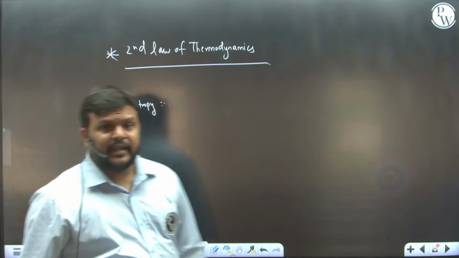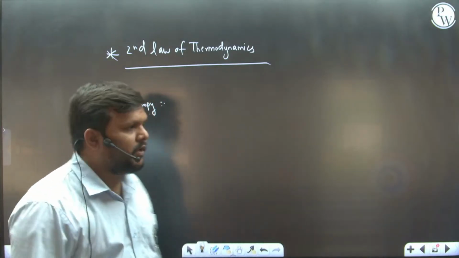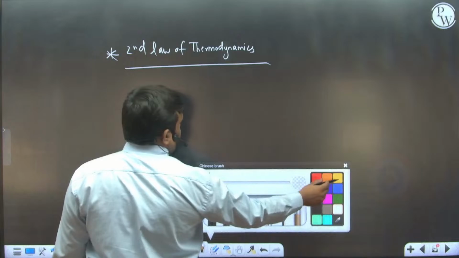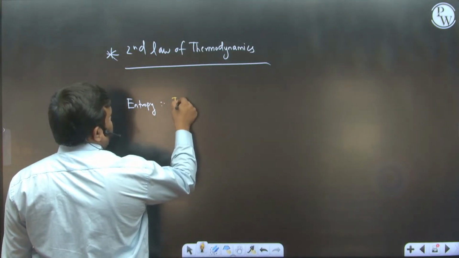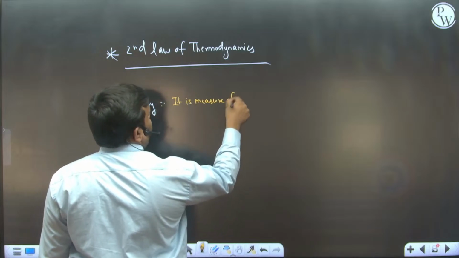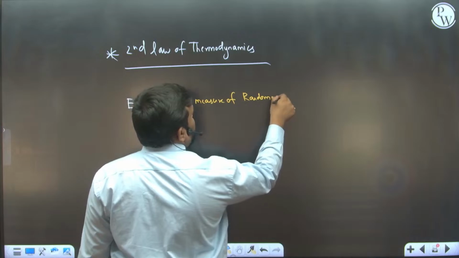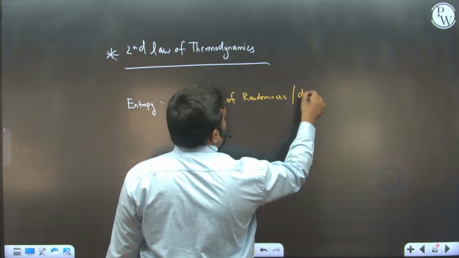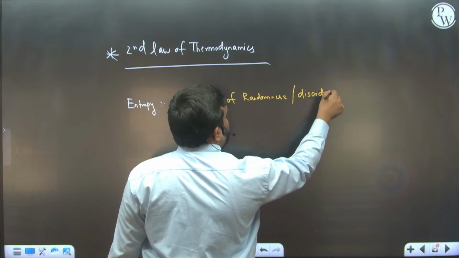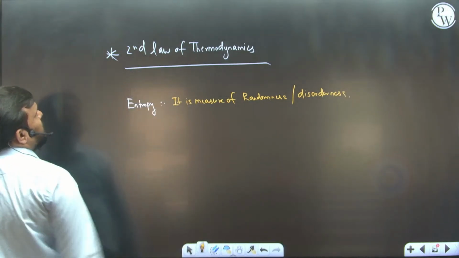See, dear students, entropy is nothing but a measure of randomness, disorderness. Okay. And the second law deals with this entropy.